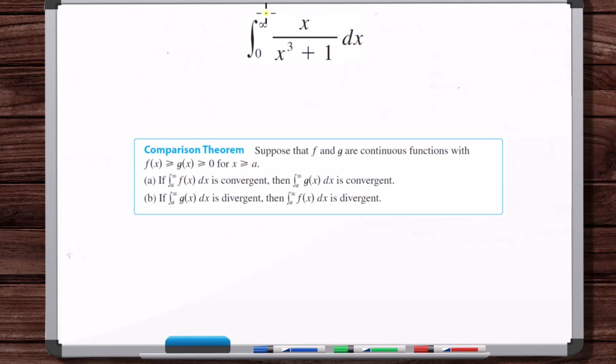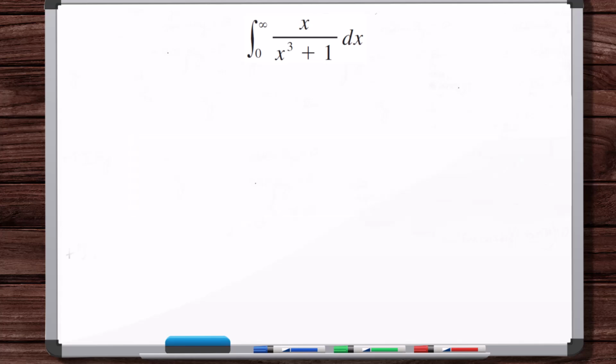So you're not totally constrained to this exact range based on the limits of integration. We could do this problem going from 1 to infinity. And if we found that this was convergent, then wouldn't you agree that going from 0 to infinity it's also convergent? Because this is continuous everywhere from 0 to 1. You see? Okay. And actually, we're going to do that here.